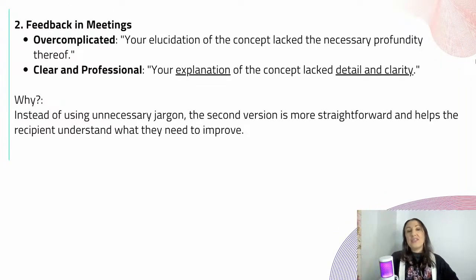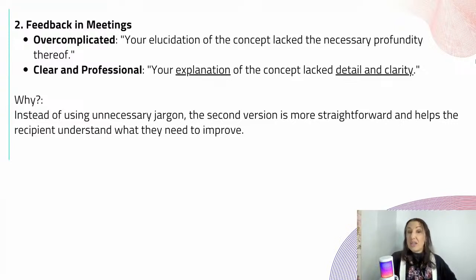If you are talking to someone, giving feedback during a meeting, you have to be very clear about that feedback. You don't want your teacher to be saying an overcomplicated sentence like that. That's very funny. But you want to say something like, okay, your explanation lacked detail and clarity. Next time, you should focus on this, on detail and clarity.